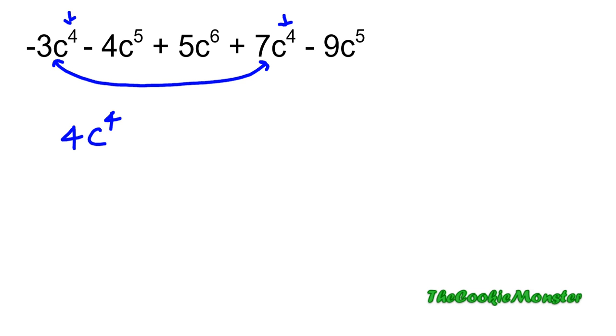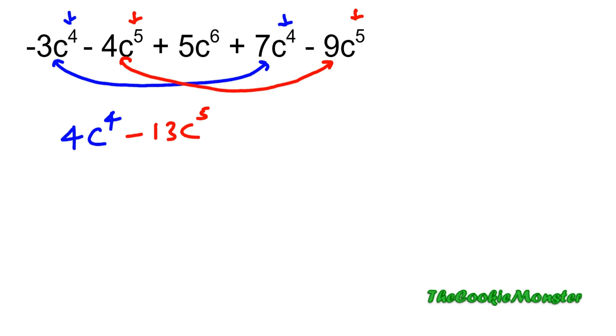Now let's see if you have other pairs that match up completely. Well, we have c to the fifth right here and c to the fifth right there. So yes, go ahead and combine those two. You combine them by taking the coefficients, which are -4 and -9, and simply add them up. So -4 and -9, if you add them up, you get -13c to the fifth power.